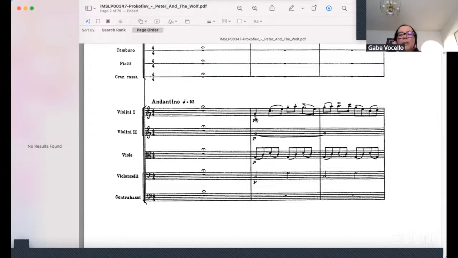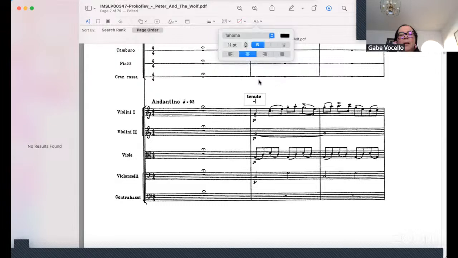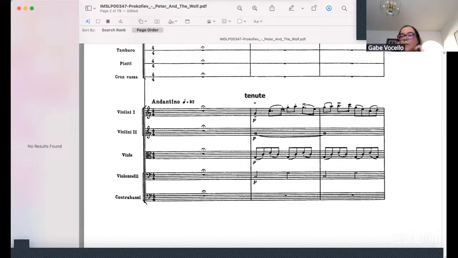This symbol here is called tenuto, or tenere, which means play until the end of that note. It's one dash. Okay. I have one dotted eighth note and a staccato on the 16th note.